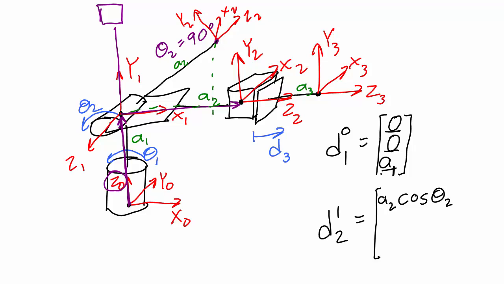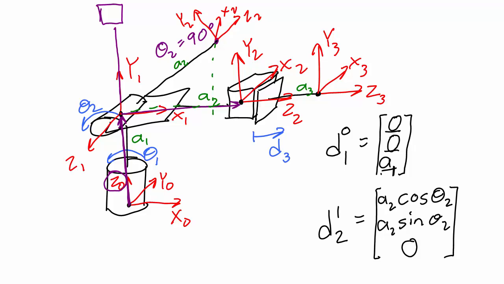Similarly, the y displacement will be equal to the hypotenuse, A2, times the sine of theta 2. No matter what value we set for theta 2, there will never be any displacement between these two frames in the z direction, which is into and out of the page. So that value will be 0. Now we're finished with the displacement vector from frame 1 to frame 2.